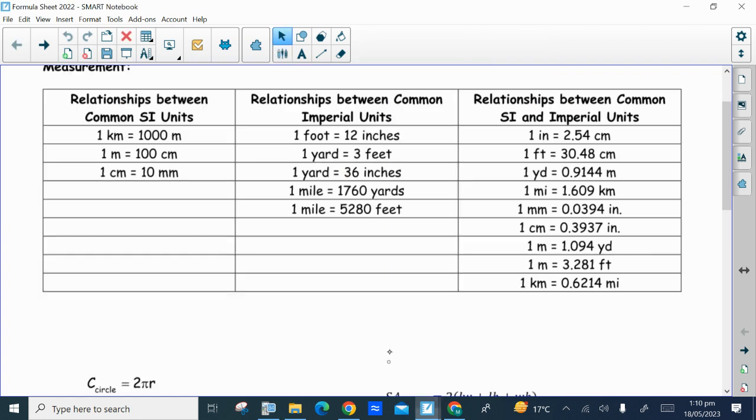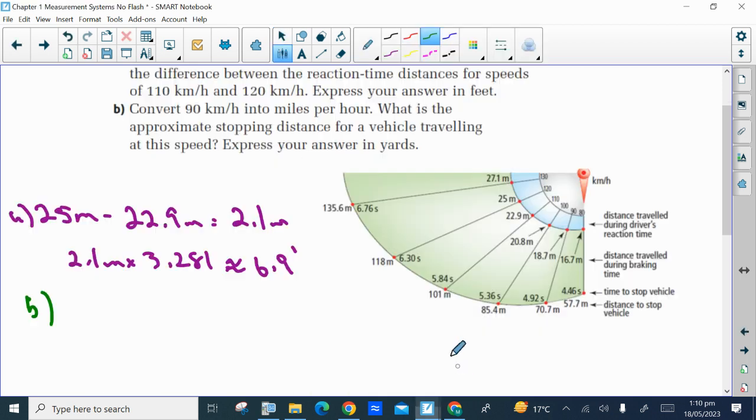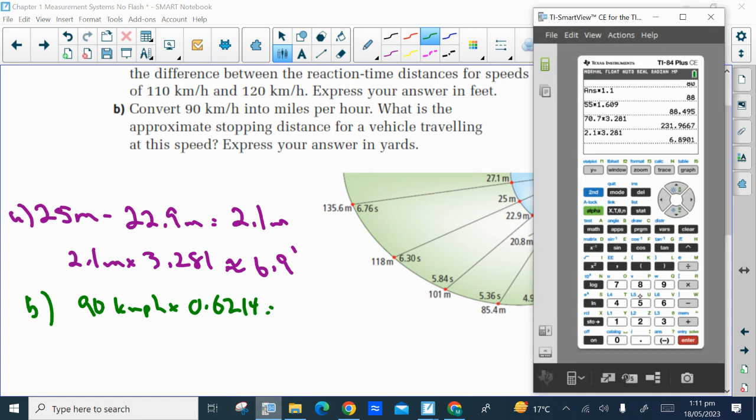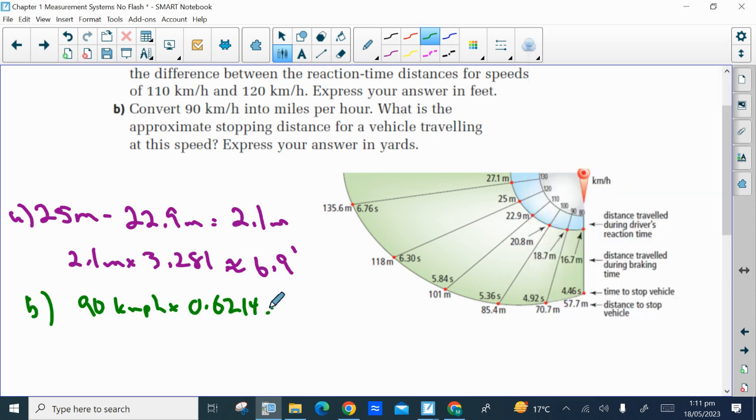If we look on our formula sheet again, to go from kilometers to miles, the conversion is 0.6214. So we're going to multiply the 90 by 0.6214. So 90 kilometers per hour times 0.6214 is approximately 56 miles per hour.